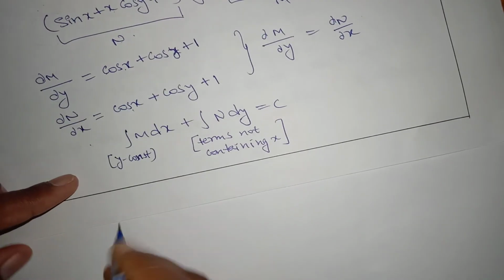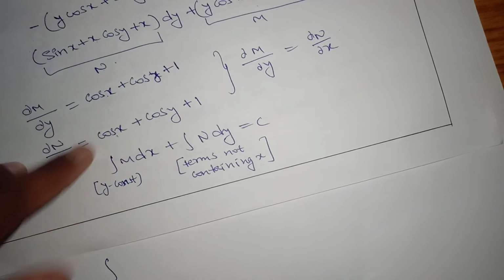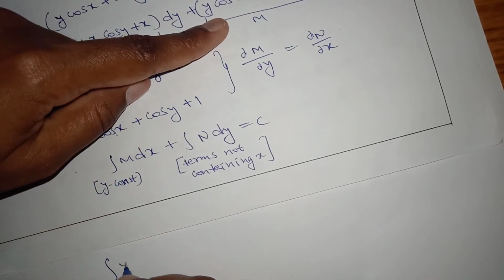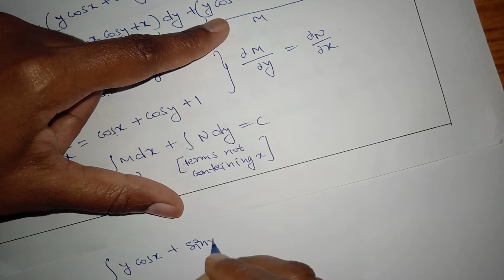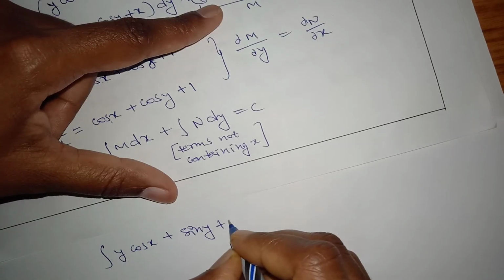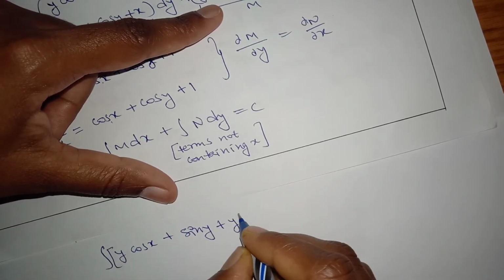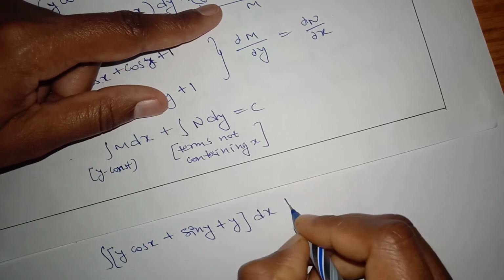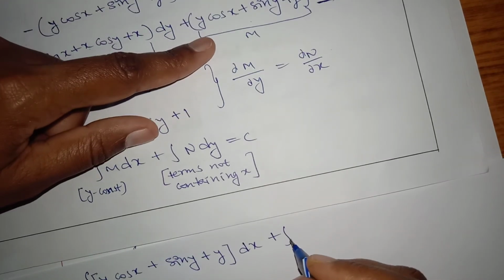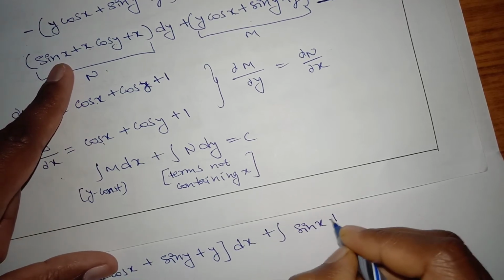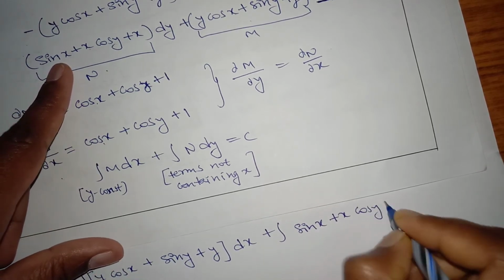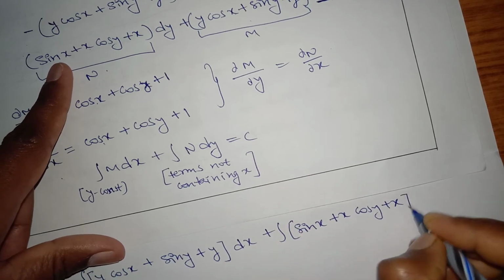Integration of M, which is (y cos x plus sin y plus y) dx, plus integration of N, which is (sin x plus x cos y plus x) dy.